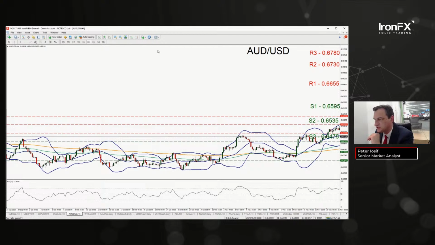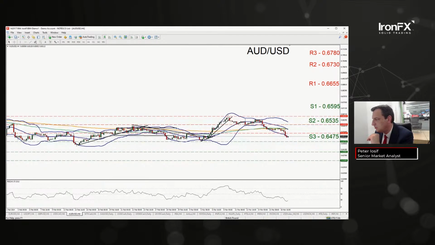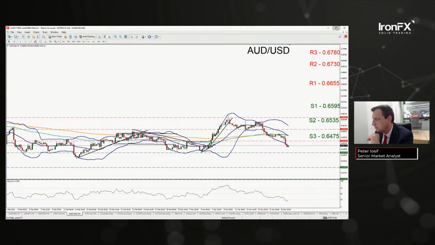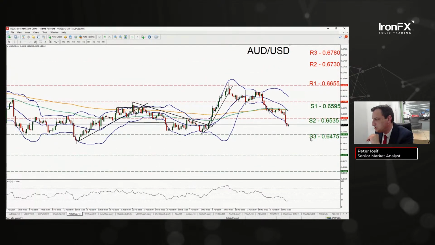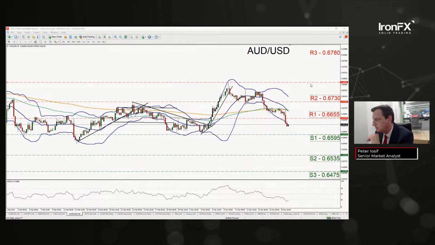Okay, let's readjust the chart. Reposition and correct the levels. Actually, I'm going to be raising a little bit the R3 at 0.6665.